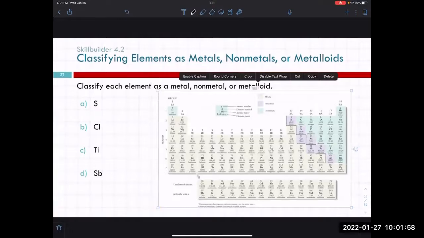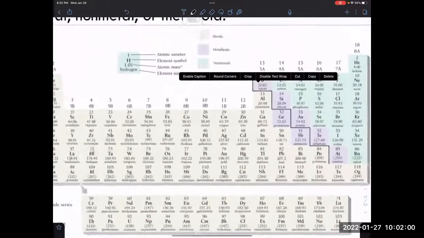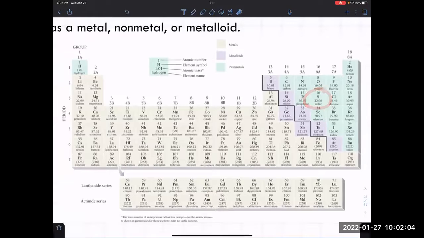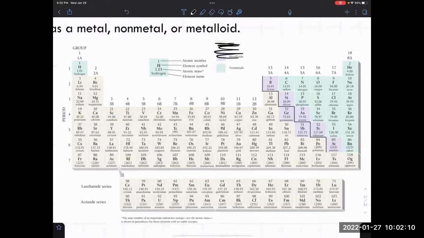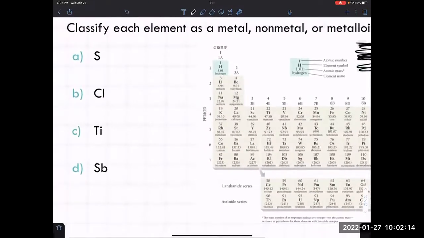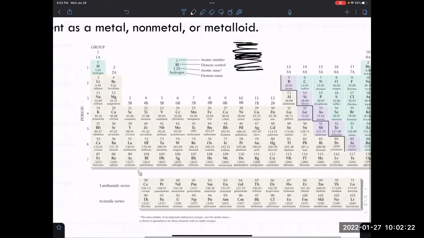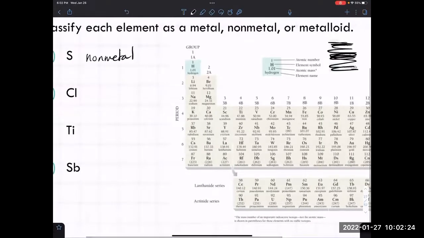I can kind of barely read it from here. Okay, so sulfur is here. Is it a metal or nonmetal? Don't look at this. Yeah, it's a nonmetal. How about chlorine? Also a nonmetal, right next to sulfur.